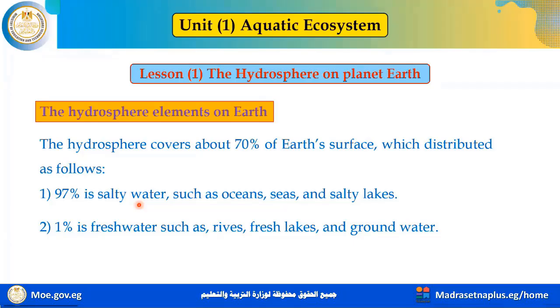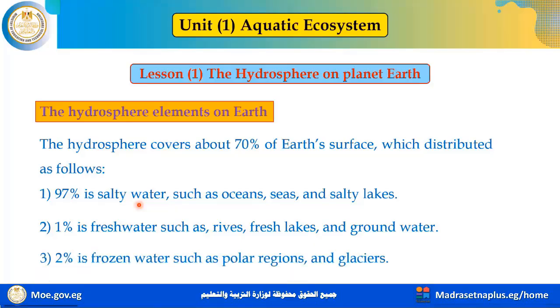If you hear somebody tell you the fresh water on earth is just 1%, you will be shocked, really. But in the next part, you will understand why this ratio is very small. The fresh water is such as rivers, fresh lakes, and the groundwater. The third one, 2% is frozen water, such as in the polar regions and glaciers.